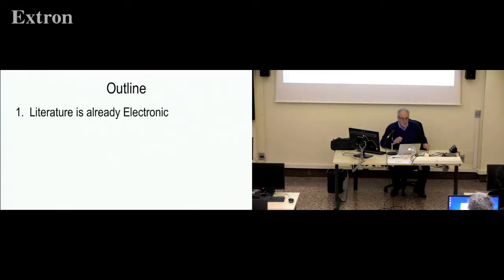So, general premise, first point: literature is already electronic and has been for a while. Ever since we have begun to use computers and personal computers and other devices, nowadays, even if you write with a pen and you want to publish and share the result of your writing, either you take a picture and publish it as a PDF, or if you publish even a printed book, as you know, publishers will turn your analog text into digital text.